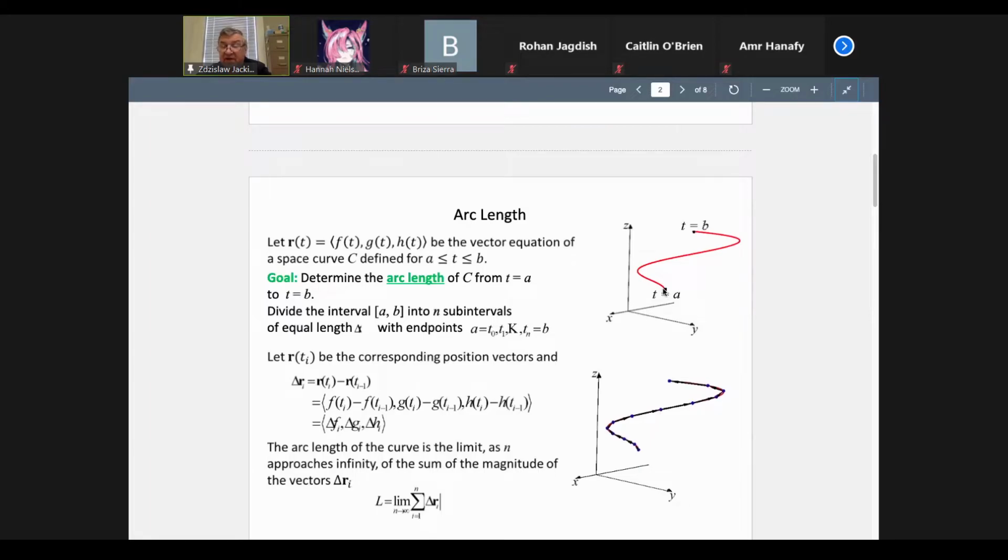You have a curve which starts at the point t equal A, let's say here, and as t ranges from A to B, the curve looks like this, and we would like to compute how long is this red curve. So that's in 3 dimensions. This curve is in 3 dimensions, and we would like to compute how long is this curve when the parameter changes from A to B.